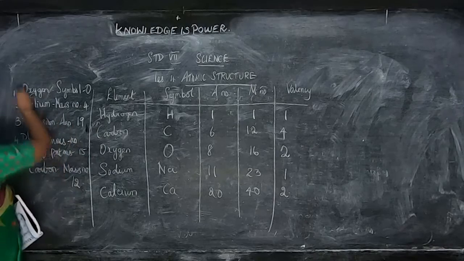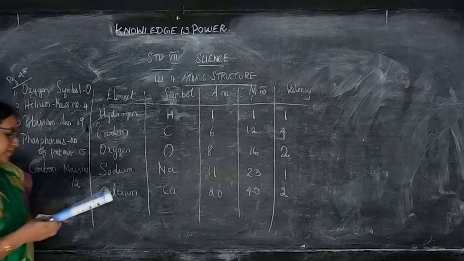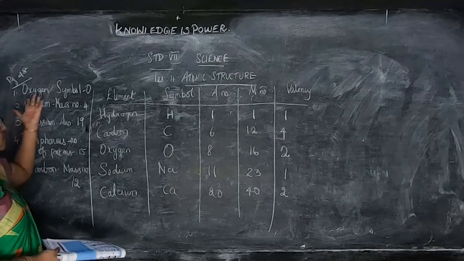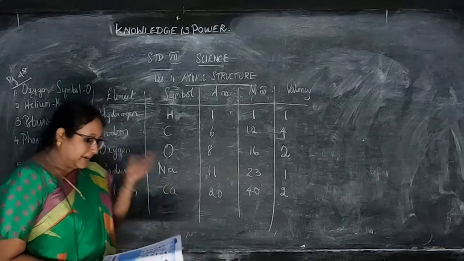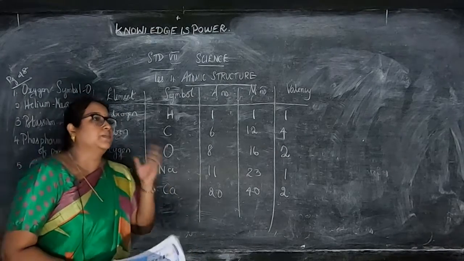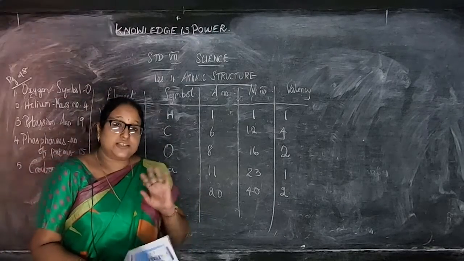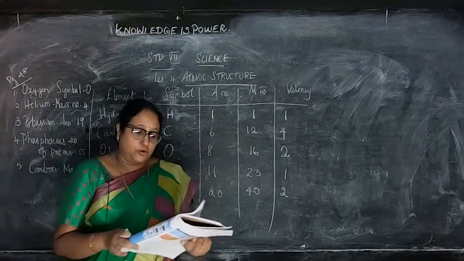This is on page number 48, the questions I have asked, that is activity 3. I am used for breathing. Without me you cannot live. Write my name, that is oxygen, and the symbol is O. It is used in filling the balloons, the gas called helium, and the mass number is 4.